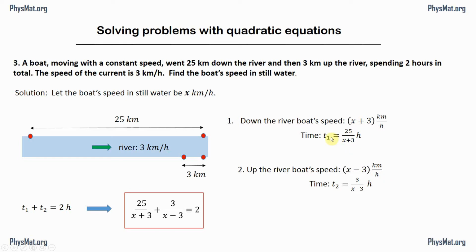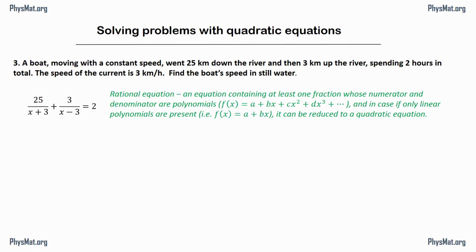And we know that the total time is equal to 2 hours, so t1 plus t2 is equal to 2. This way we get this equation: 25 divided by x plus 3 plus 3 divided by x minus 3 is equal to 2.